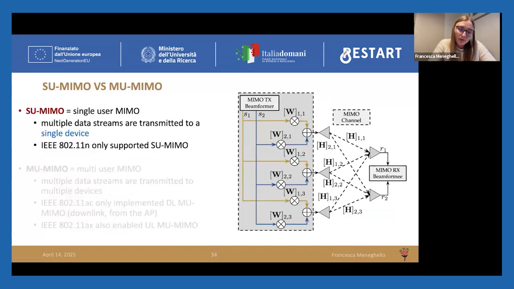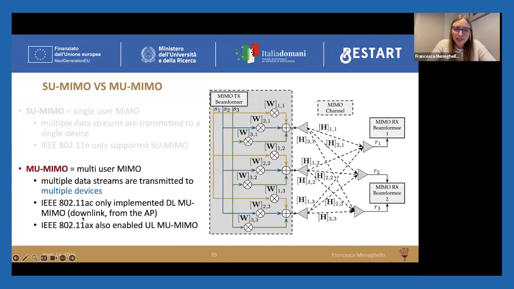Okay, so there are two modalities in Wi-Fi networks to leverage the diversity and the multiplexing gain provided by MIMO networks. The first one is to transmit multiple streams to a single receiver, and this is the so-called single user MIMO. This was introduced with Wi-Fi 4, so the 802.11n.